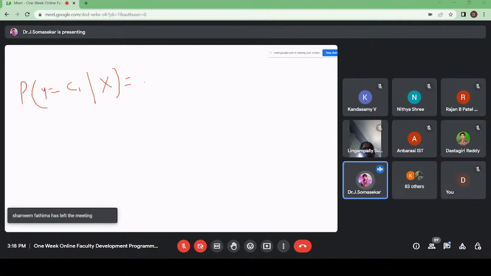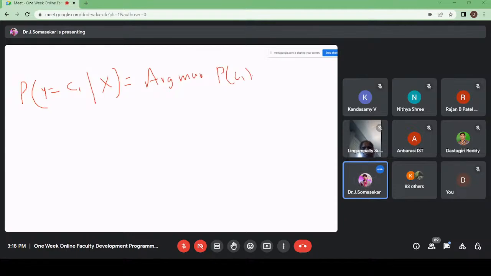For that we have to find the argmax, the maximum value of P of C1 into P of X given C1. I'm not giving a detailed explanation because it will take a lot of time, and I have skipped a lot of mathematical models in the previous slide because of time. So we just have to find the argmax.